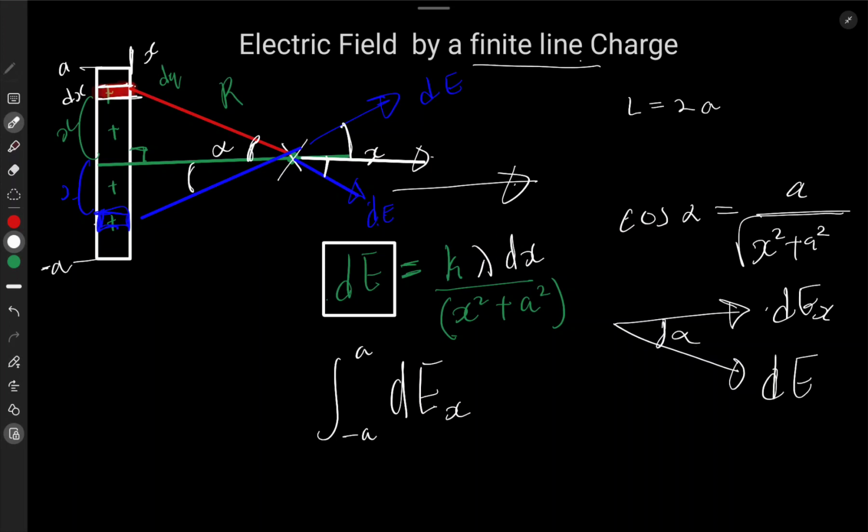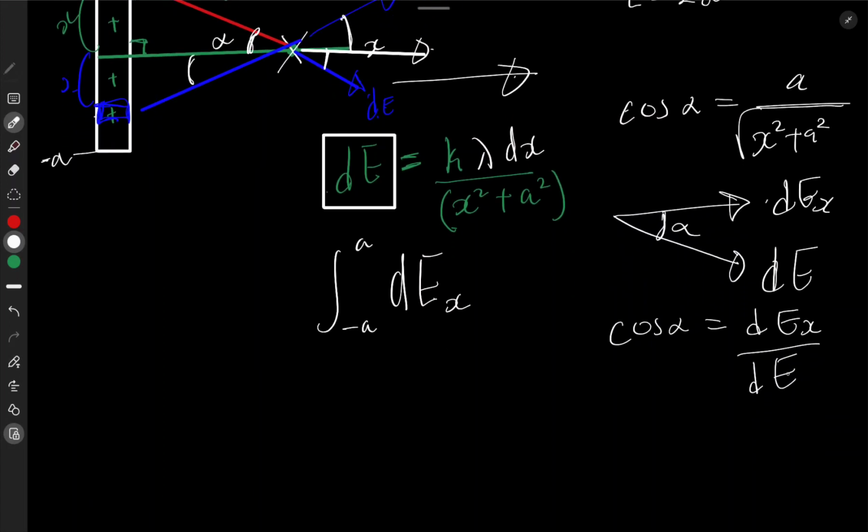Okay, so to get this one we'll have to say cos of alpha equals the adjacent, which is dEx, all over the hypotenuse, which is dE. Okay, that's good. And then to get dEx, that means dEx will have to equal dE cos alpha.